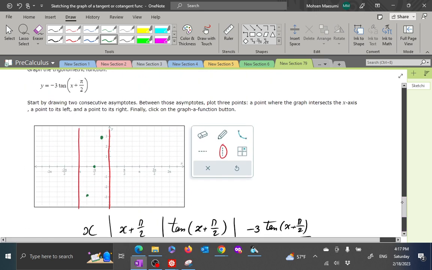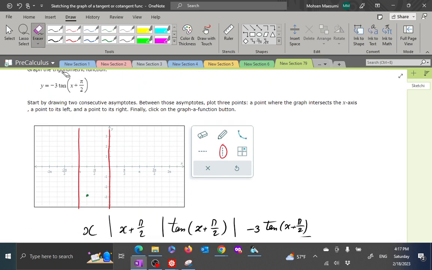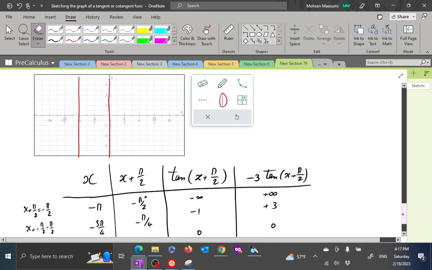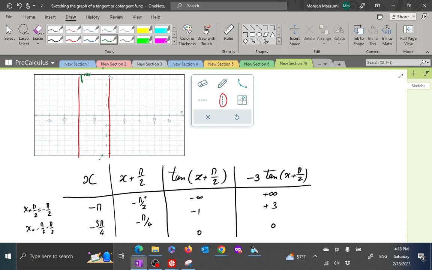I made a mistake. So let's try again. At minus pi, we start at plus infinity. Minus pi is our starting point. You cannot draw it on the software, but that's how I caught my mistake.